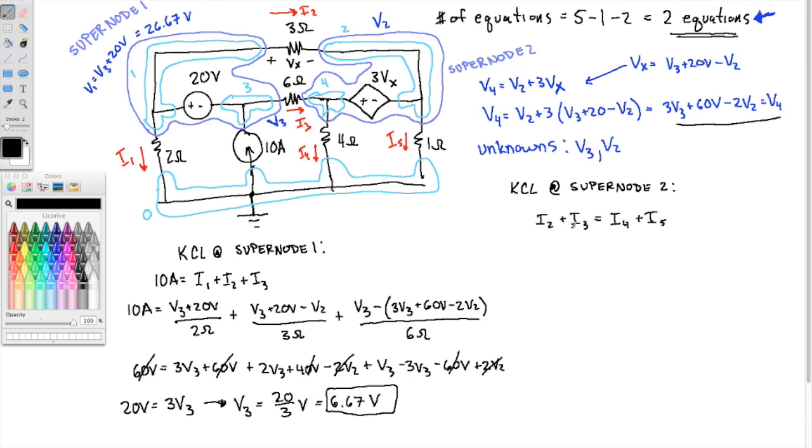Alright, so now I need to express these currents in terms of the unknowns, V2, V3. So I2 is the current that goes from here to here. So that is actually 26.67 minus V2 over 3 ohms, plus I3 is this current here. So V3 is 6.67 minus V4, right? But V4 was this stuff.